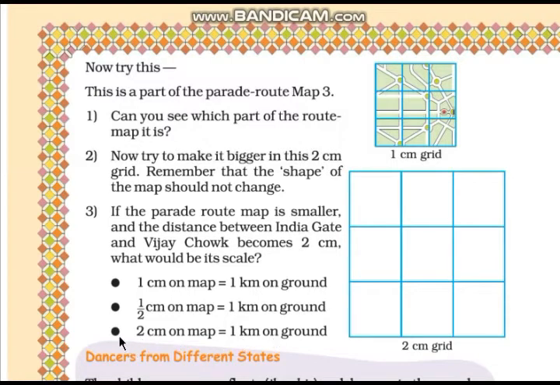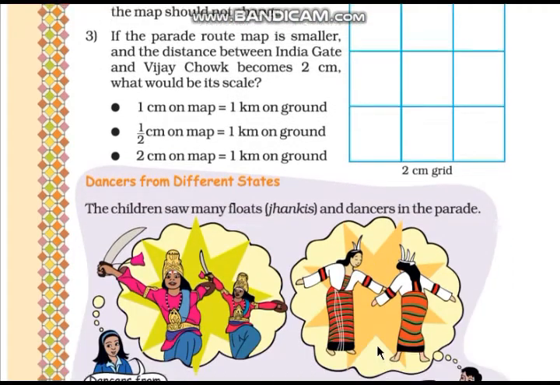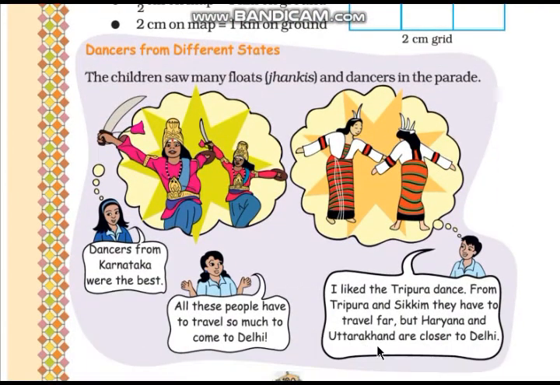Obviously here the answer is 2 centimeter on map is equal to 1 kilometer on ground. So we can write the answer. Its scale would be 2 centimeter on map is equal to 1 kilometer on ground. This option is correct.